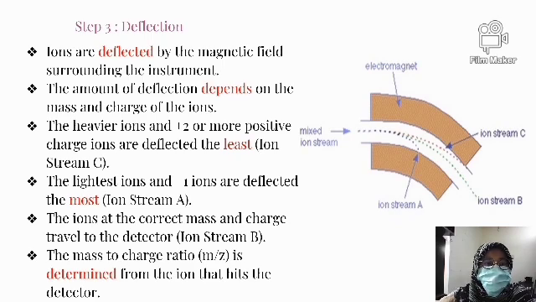The lightest ions and 1 plus ions are deflected the most in ion stream A. Here is the lightest one. While in ion stream B, the ions at the correct mass and charge travel to the detector, which means ion stream B will move directly to the detector. The mass to charge ratio m/z is determined from the ion that hits the detector.